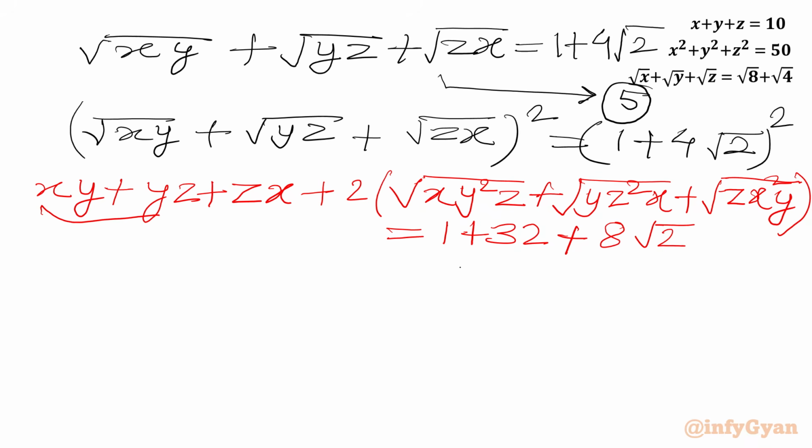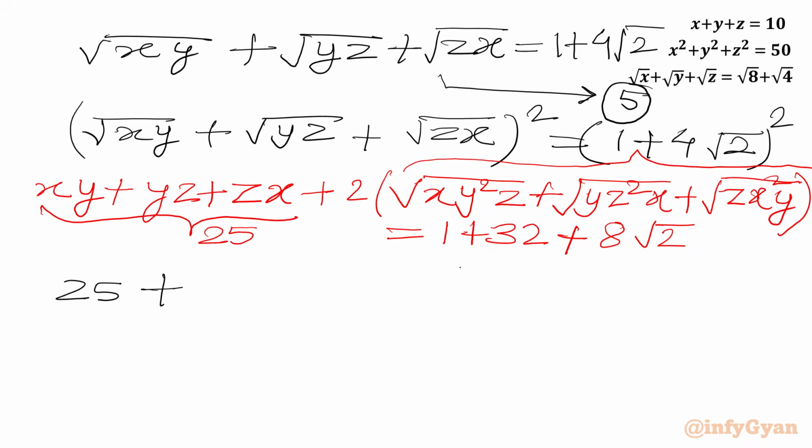Now we have equation number 4, xy plus yz plus zx. Here we can write 25. From this bracket we can take square root xyz common out. So let me write our LHS: 25 plus 2 times square root xyz is common.